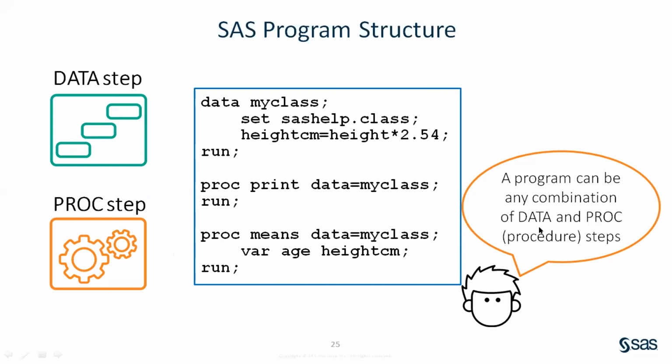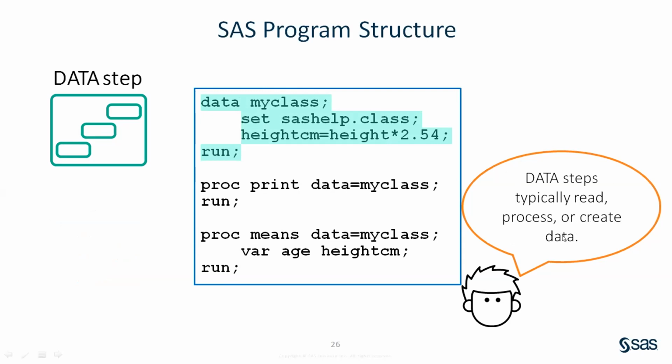Proc is nothing but procedure, because until and unless you have a table, which in SAS is termed a SAS data set, a procedure cannot be performed on it. See, this is the print procedure, which is processing the data set my class that you created earlier in the data step.